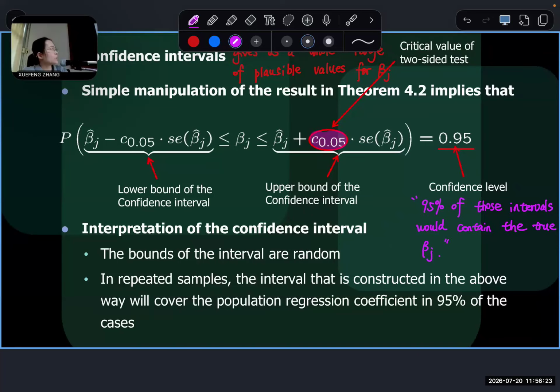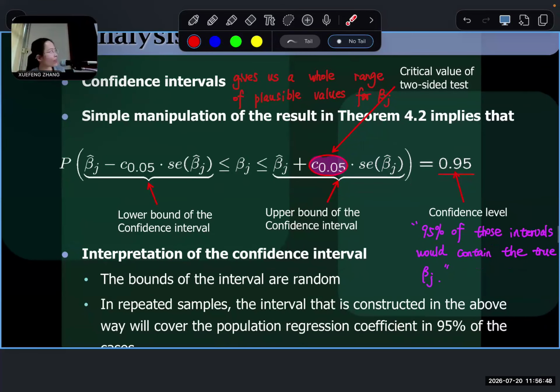But one point is that as long as your model is correctly specified, and you don't have a multicollinearity issue, your estimate beta j hat will be different, but maybe just slightly different, okay? It should be close, not jump a lot. Clear about confidence interval?